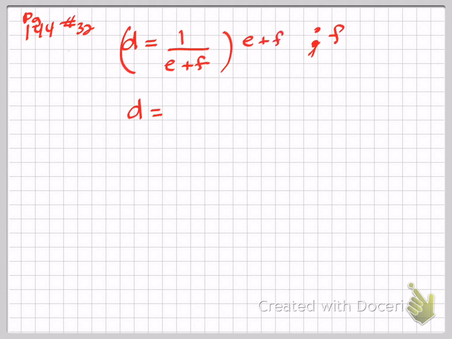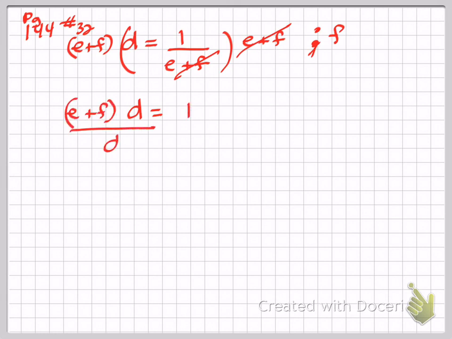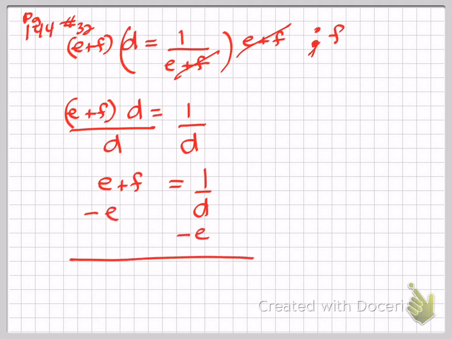Does that make sense? Next to means multiplication, since it's the whole quantity. If I had subtracted e plus f, it wouldn't just be next to. There would be a plus or a minus sign with it.